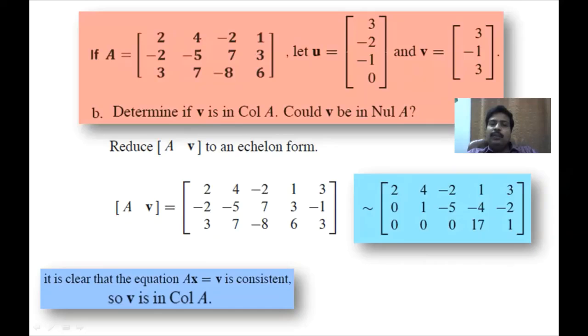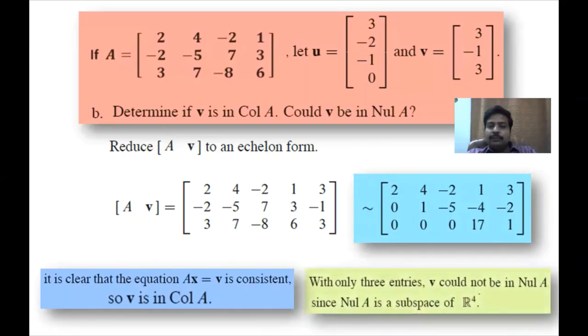Next question is, could V be in null space of A? V has only 3 entries, so V could not be in null space of A, since null space of A is a subspace of R4. It is a 3 by 4 matrix. So to get a vector in null space, you need to multiply with a 4 by 1 matrix, since it is a 3 by 4 matrix, to make the multiplication compatible.